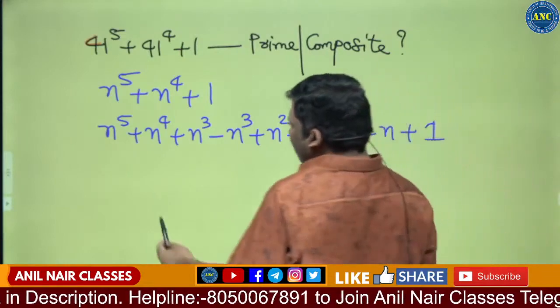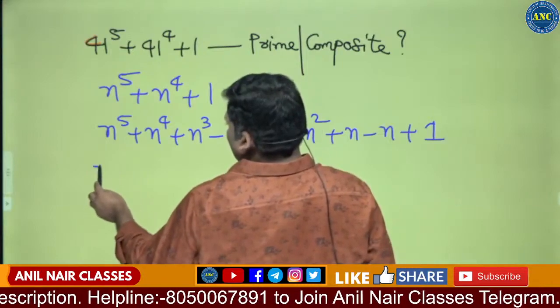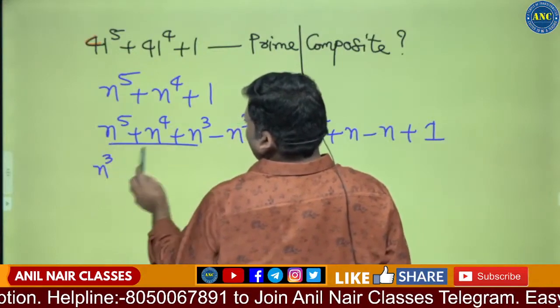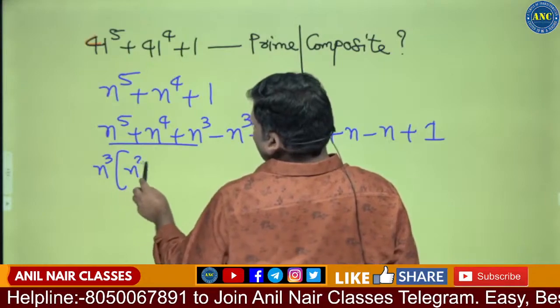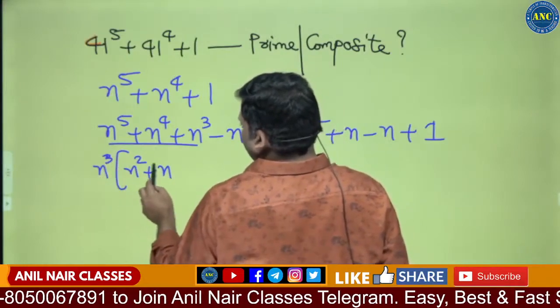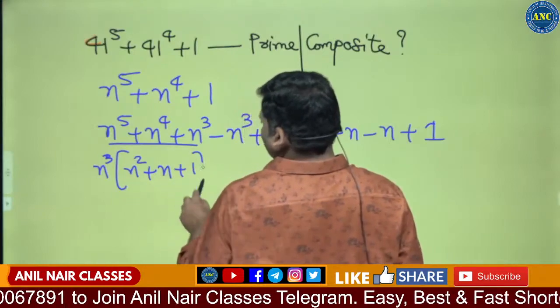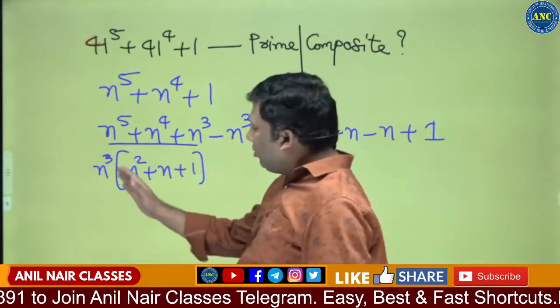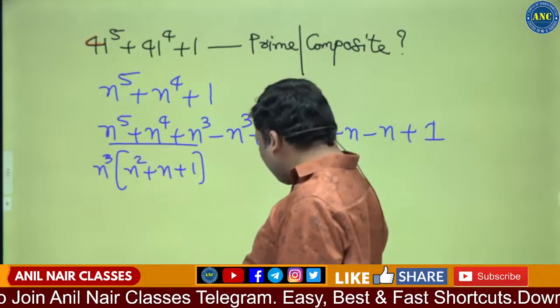Now if you see here, if I take n cube common in this first part, it is n square plus n plus 1. Am I right? n cube into n square plus n plus 1.